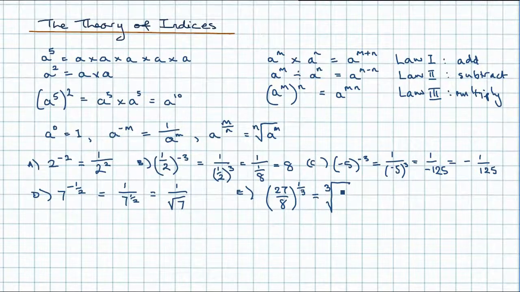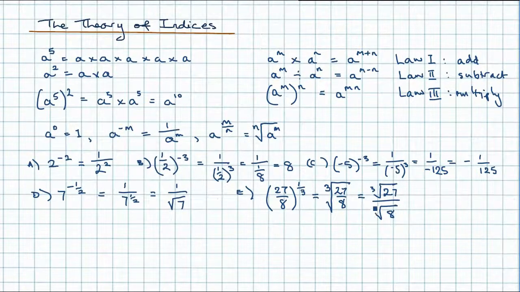So now we put the 27 divided by 8 underneath. And I deliberately chose these numbers, of course, because they're easy to cube root. So that's going to be the same as the cube root of 27 divided by the cube root of 8.